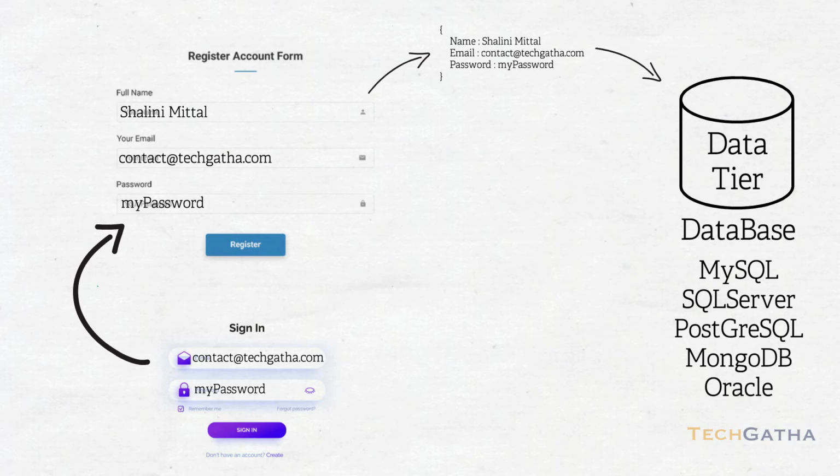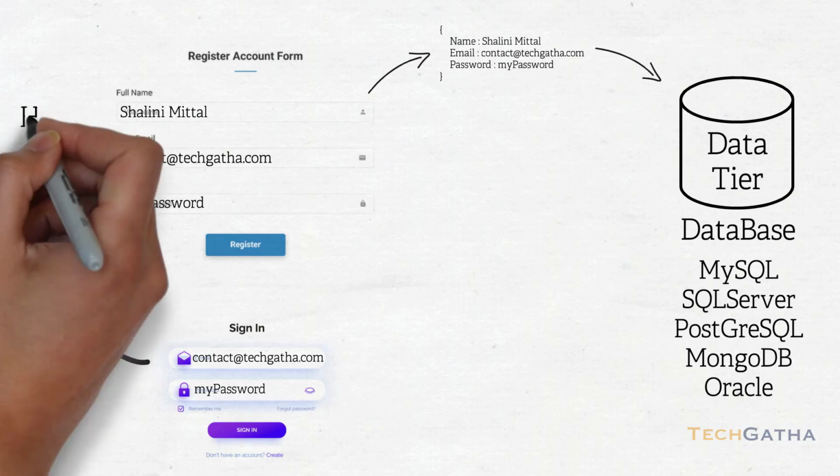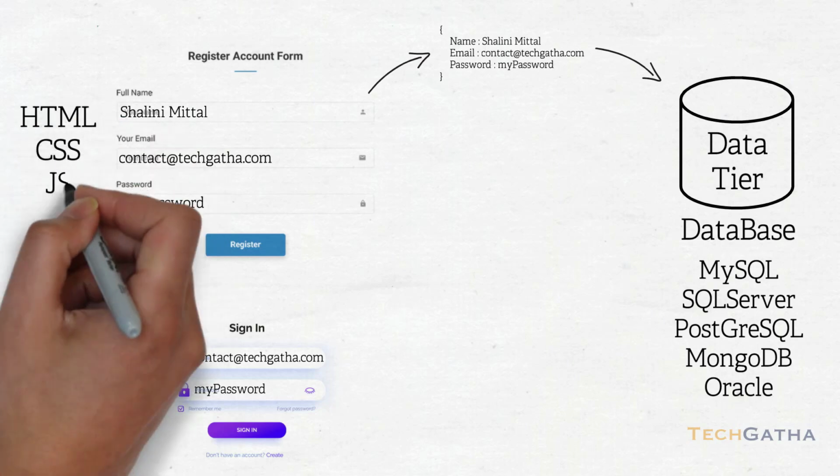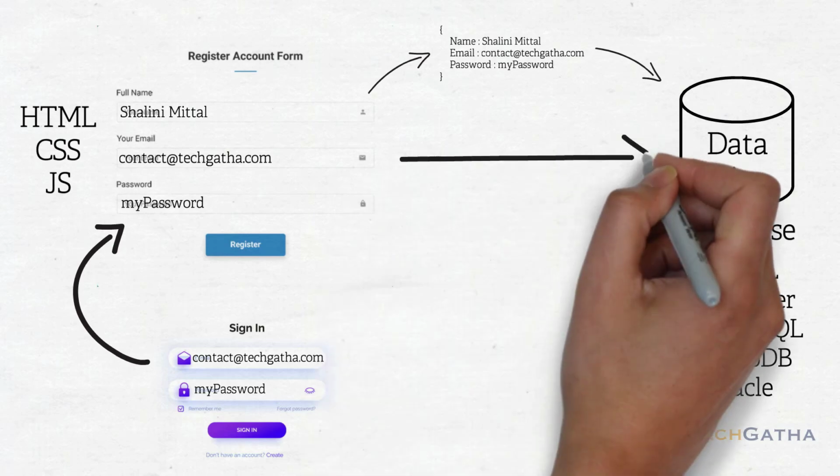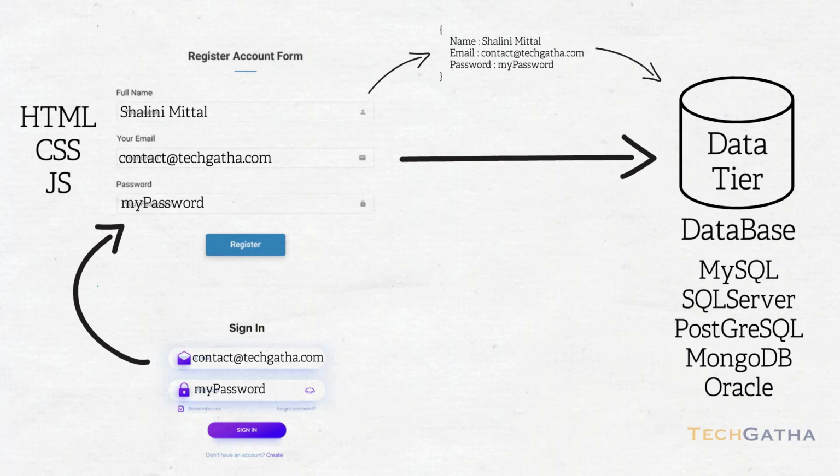But then the registration page is created using plain HTML, CSS, JavaScript, or any of the front-end libraries and frameworks. These libraries have a limitation as they cannot directly communicate with the underlying database.